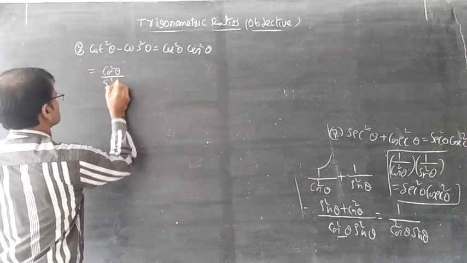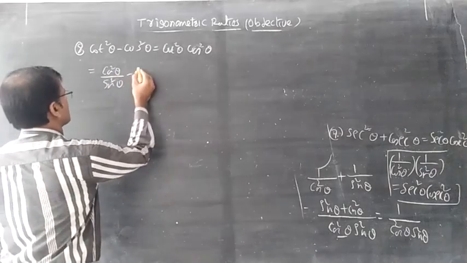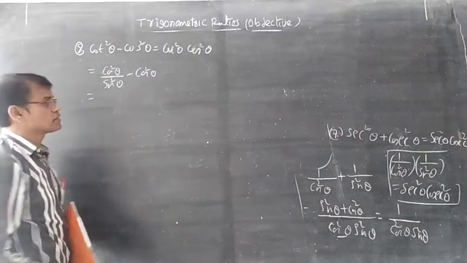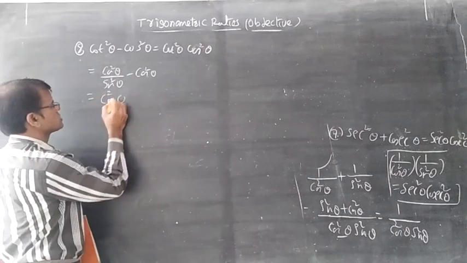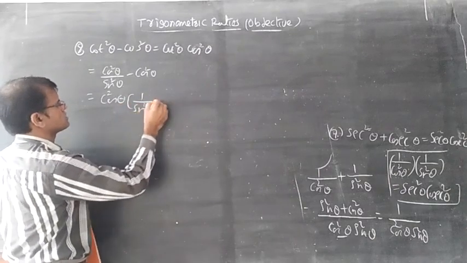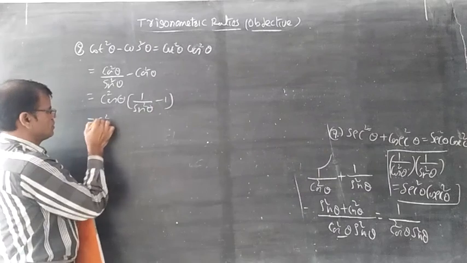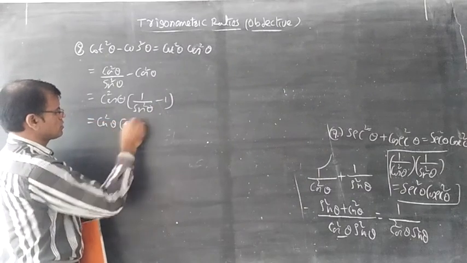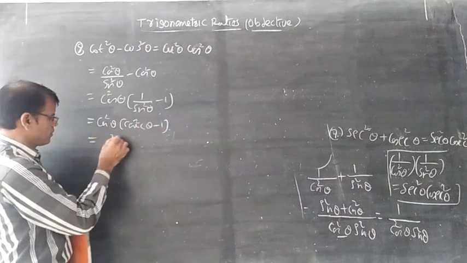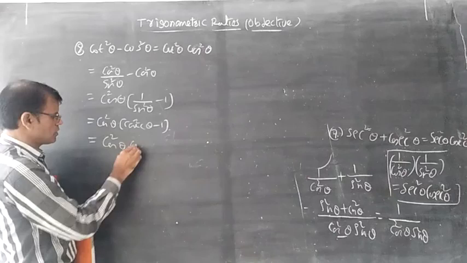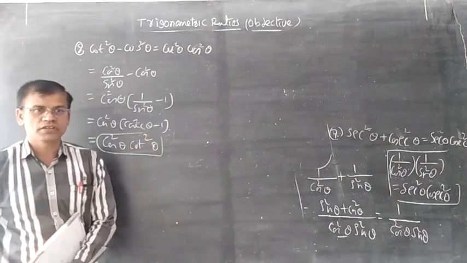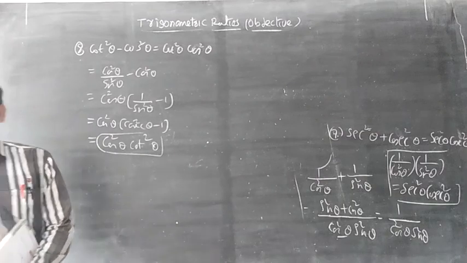Write like this: cos square theta by sin square theta can be understood as cot square theta. Take cos square theta common: 1 by sin square theta minus 1. That is equal to cos square theta into cosecant square theta minus 1. That is equal to cos square theta into, we should know the formula, cosecant square theta minus 1 equals cot square theta.